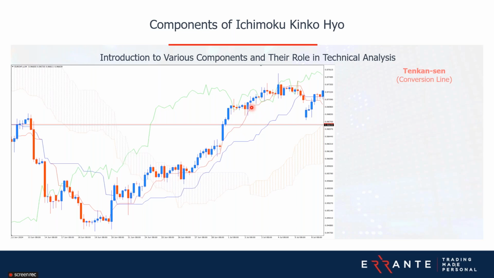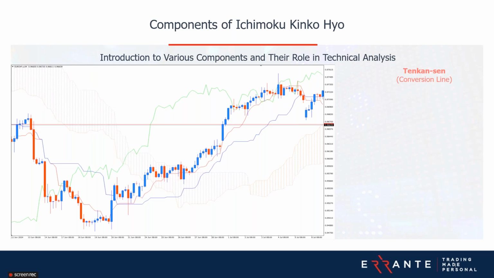Think of Tenkan-sen as the short-term change line. It's calculated by averaging the highest and lowest prices over the past 9 periods, or past 9 candlesticks. Unlike the simple moving average that only considers closing prices, Tenkan-sen captures the full range of price movements, giving us a more dynamic view of market volatility.